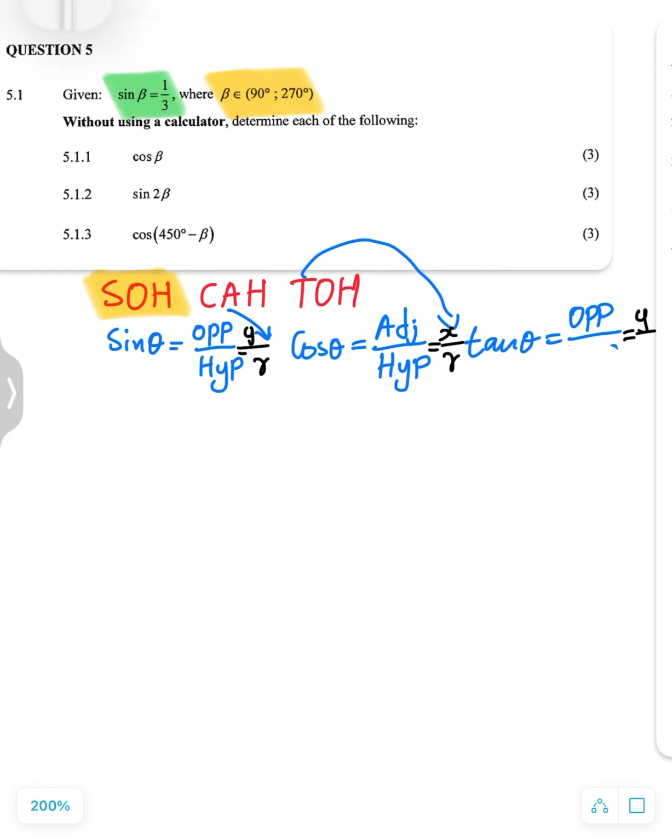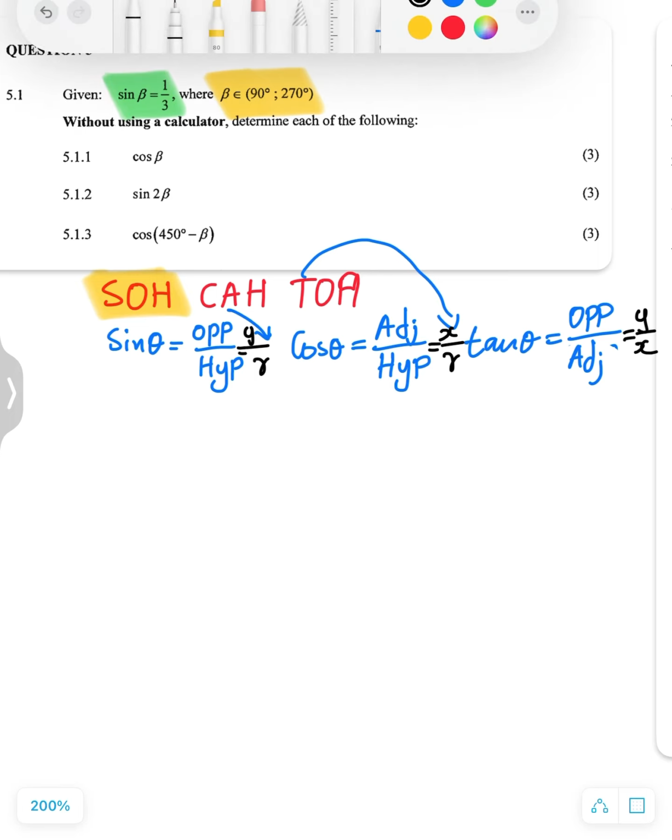So that is supposed to be A here, okay? That will be adjacent, opposite over adjacent. So it's supposed to be y over x. So that is SOHCAHTOA. Briefly, it is for us to remember the trigonometric ratios and which side to use, right?